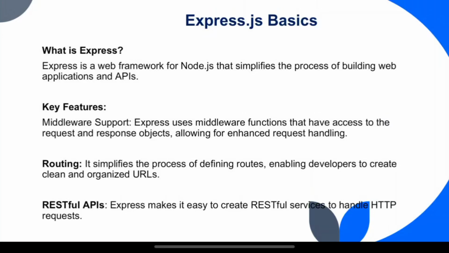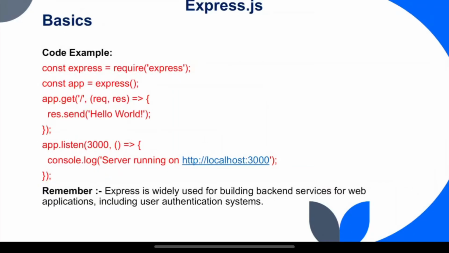const express equals require express. Before that, please install Express using the npm install express command. Let's create an instance of Express and make a simple API. app.get with request and response, then response.send Hello World, and app.listen 3000, which is your port.